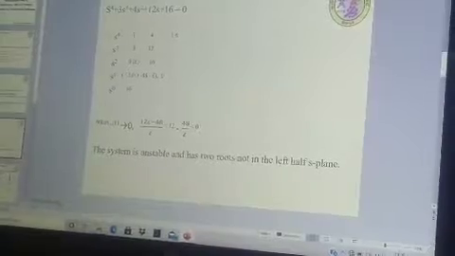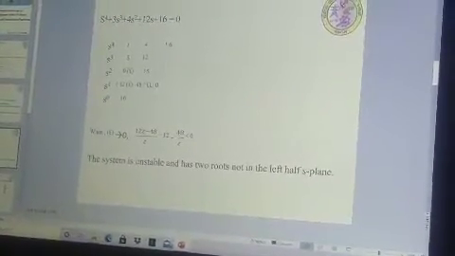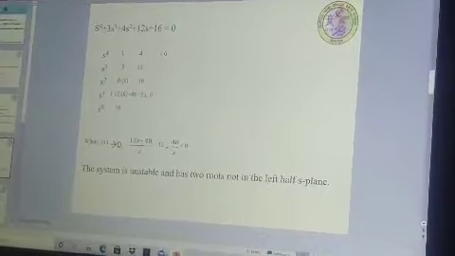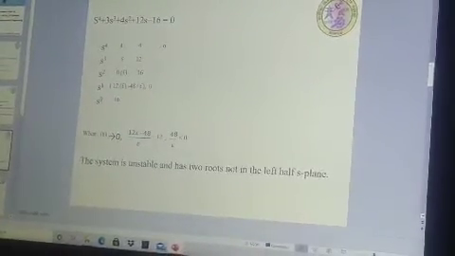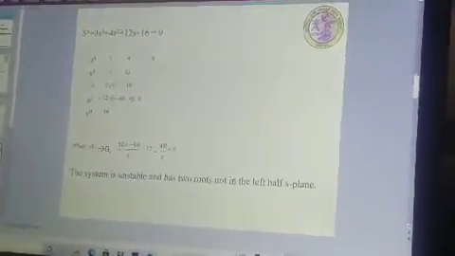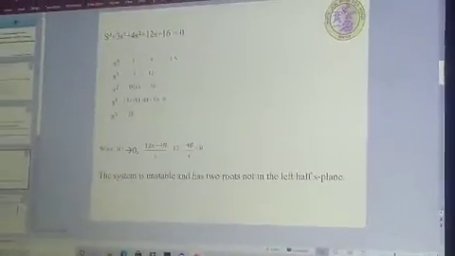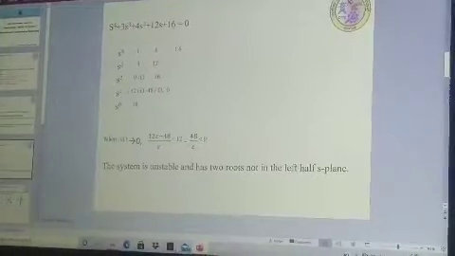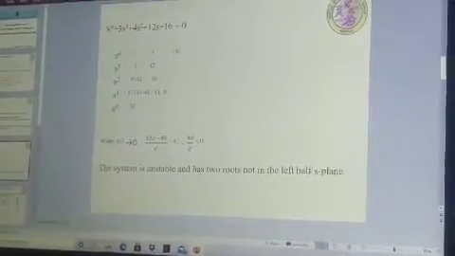So after completing this Routh tabulation, when epsilon tends to 0, in this equation, 12 minus 48 by epsilon, you have to make epsilon go to 0, and 12 minus 48 by epsilon is less than 0.